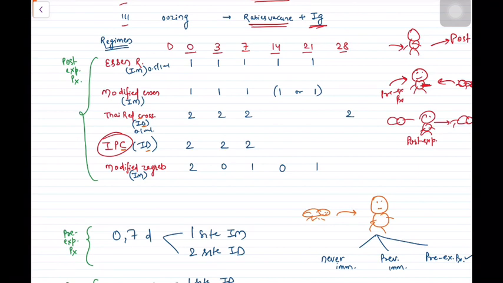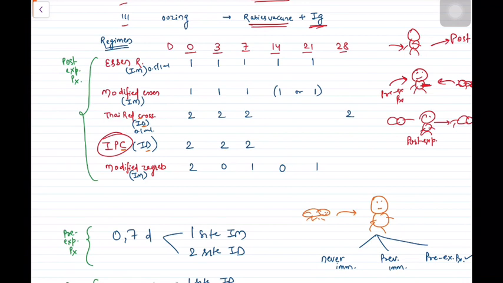Then modified SN, you give 4 doses intramuscular on day 0, 3, 7 and the last dose on day 14 or 21. Then the Thai Red Cross regimen, you give intradermal 2 doses on day 0, 3, 7 and 28. In the IPC regimen, you give intradermal 2 doses on day 0, 3, 7. Then the modified Zagreb, you give 2 doses on day 0, then 1 dose on day 7 and another 1 dose on day 21.